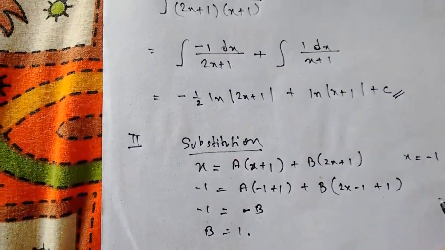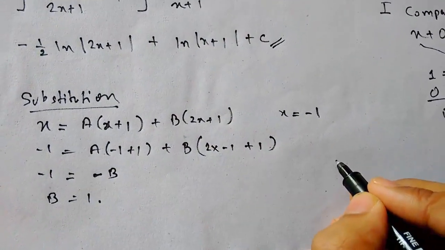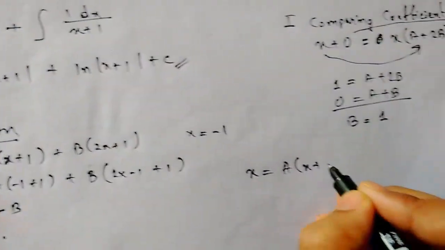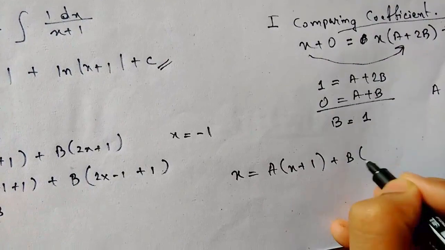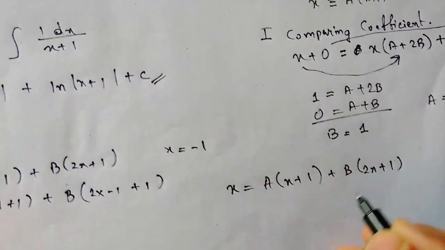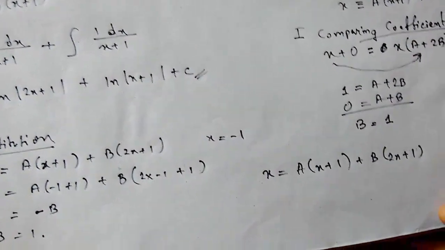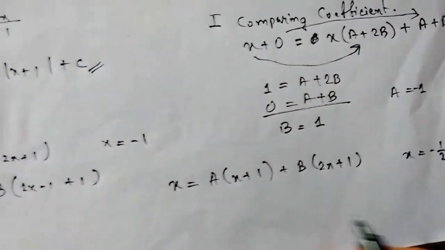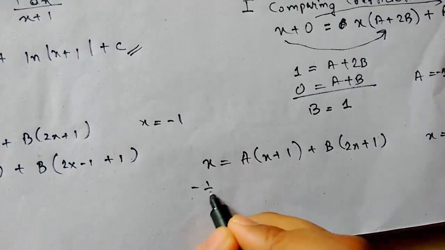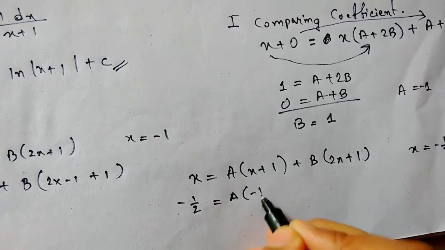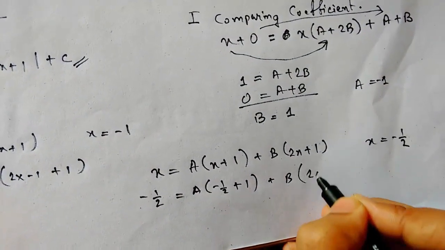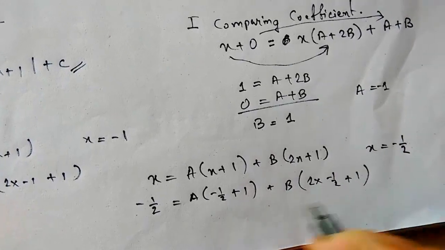Now again we copy the equation: x equals A times (x plus 1) plus B times (2x plus 1). If we put in x equals minus half, we get minus half equals A times (minus half plus 1) plus B times (2 into minus half plus 1).